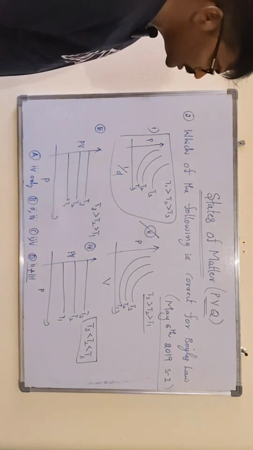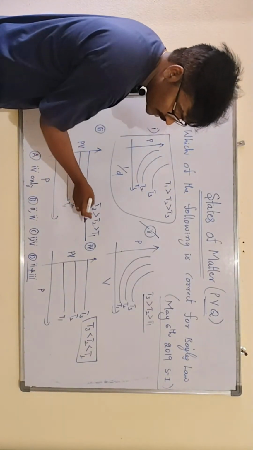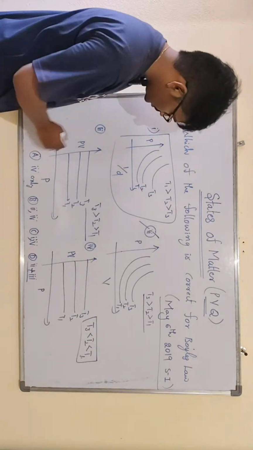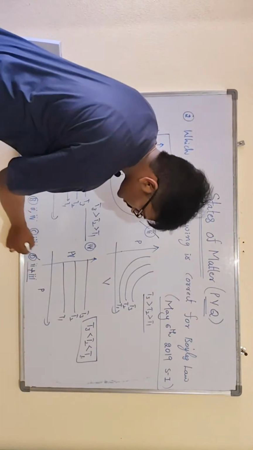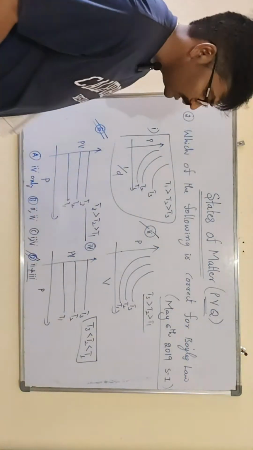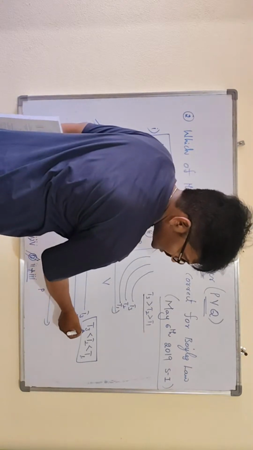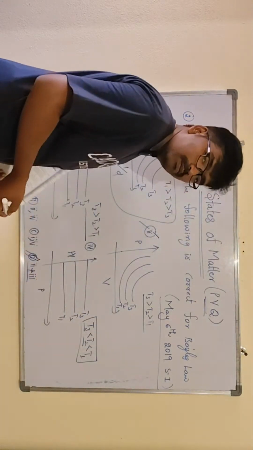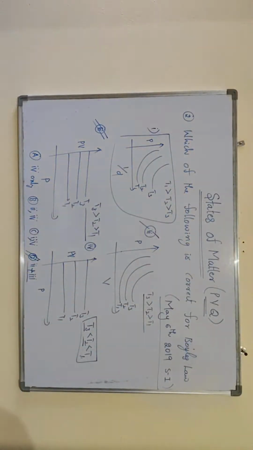Both graphs are the same, but here you have to observe one thing, that T3 is greater than T2 and T1. So 3 is a correct answer, so 2 and 3 are the correct answers. So option D is the correct answer. Clear, all of you? Why is it wrong? Because T3 is mentioned as less than T2 and T1, but actually T3 is greater in Boyle's law.